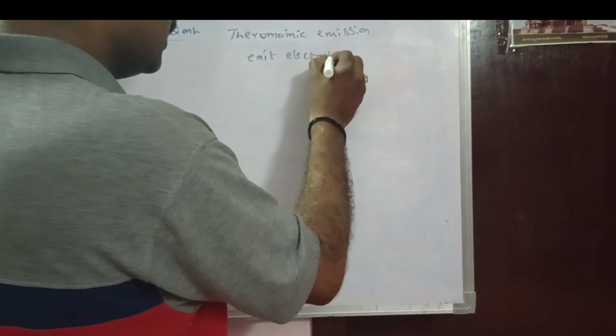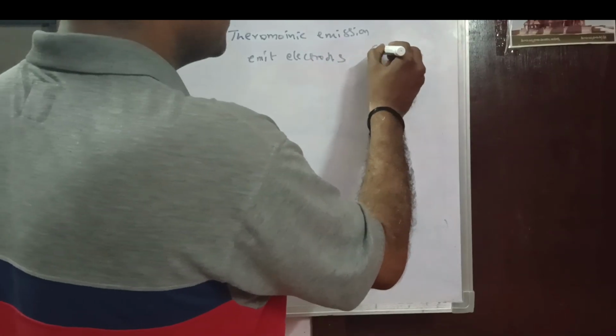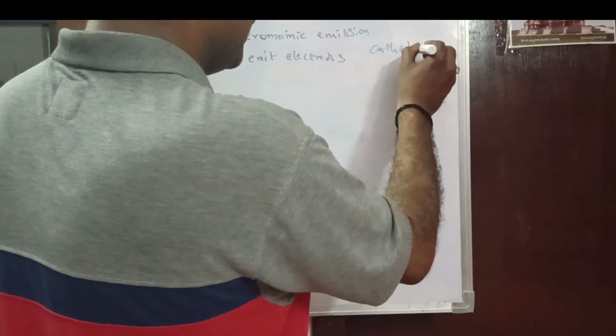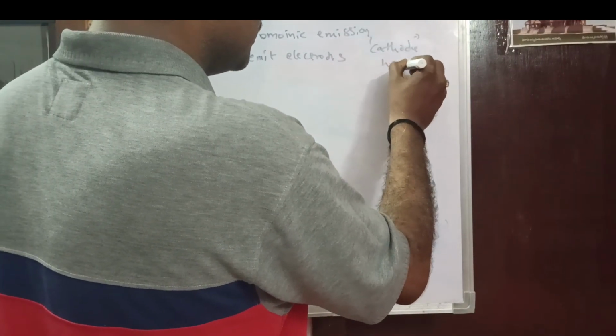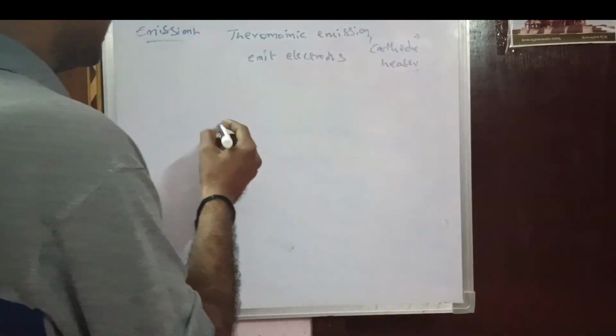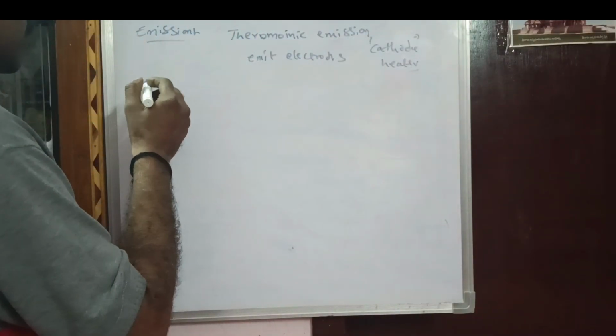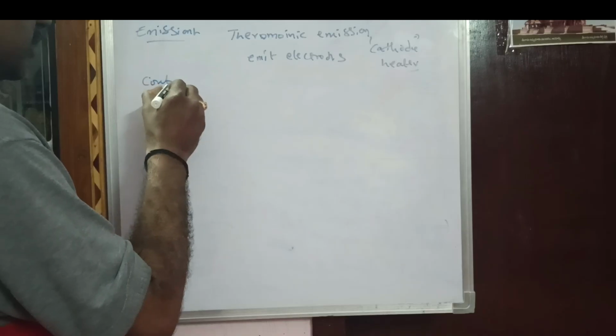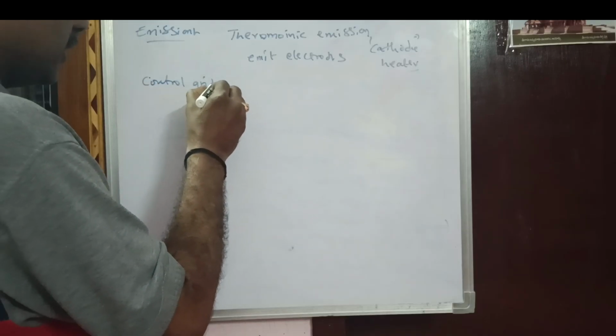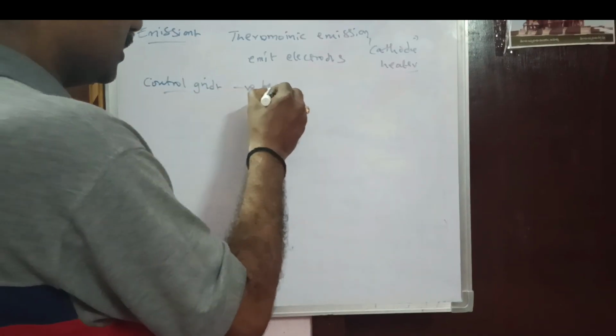In this the cathode is taken as a heater, so that by heating it emits electrons. Another one is the control grid, nothing but it acts as a negative terminal.